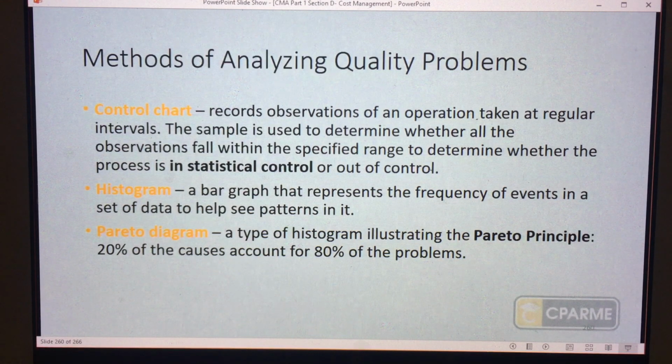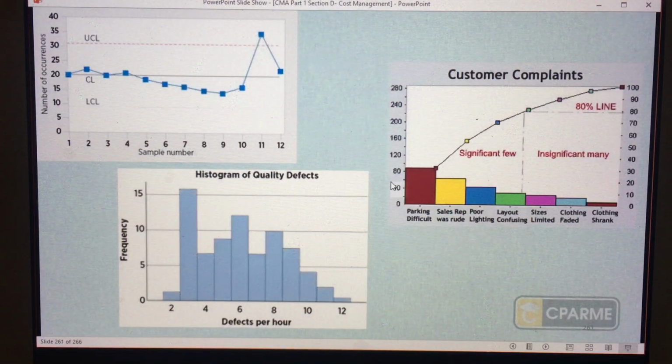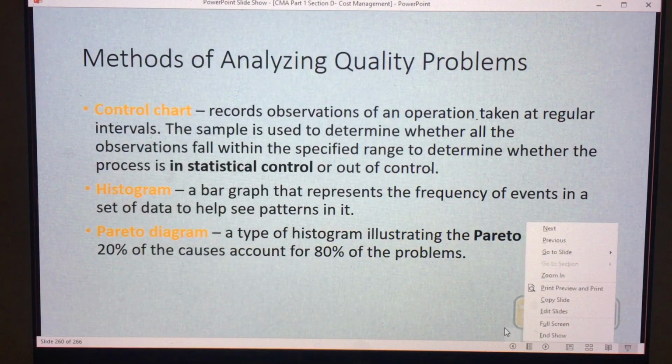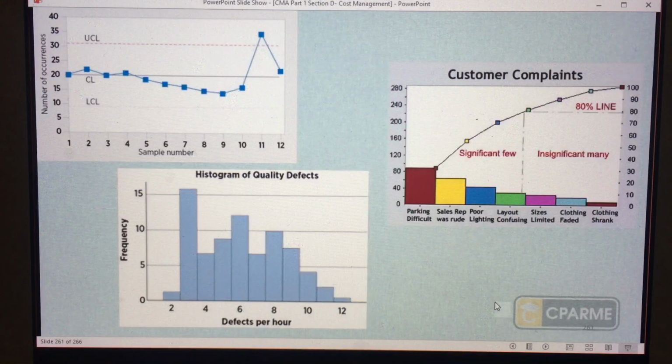Because it's already going to identify the bulk of your issues. So, you have here your control chart, your histogram, and your bar graph.